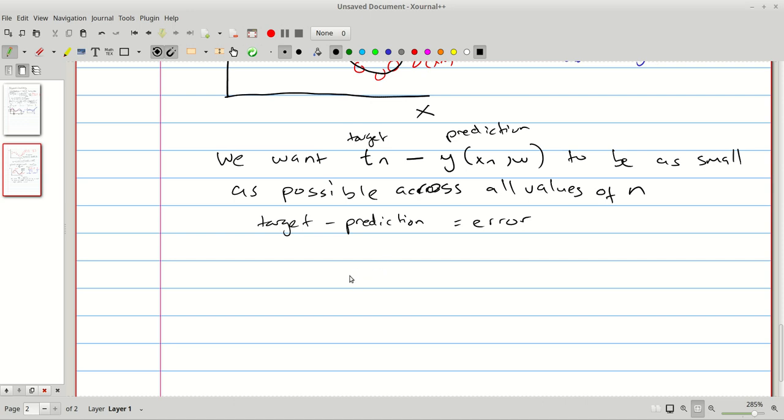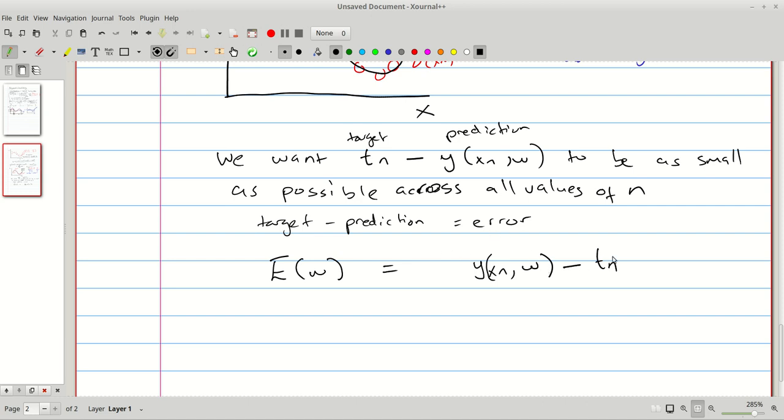So we want to minimize this error across all possible terms. So given some value of w, we're going to look at y of xn comma w minus tn. So we can take the absolute value or we can square it, because we always want this error to be positive. If it's negative, it's going to cause some problems, and try to convince yourself why that is.